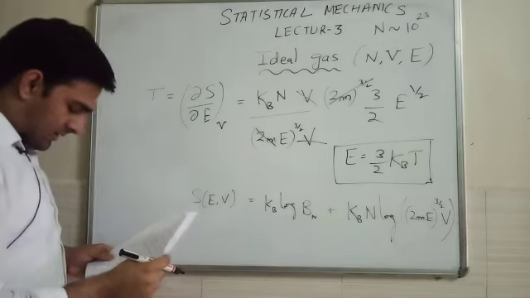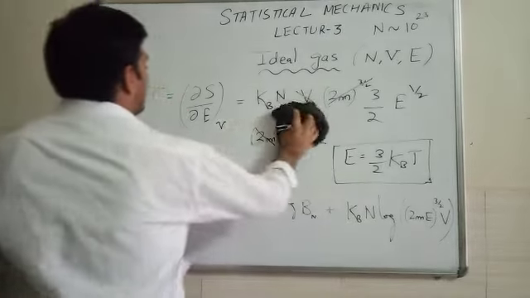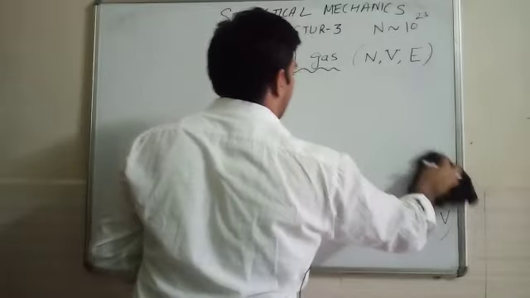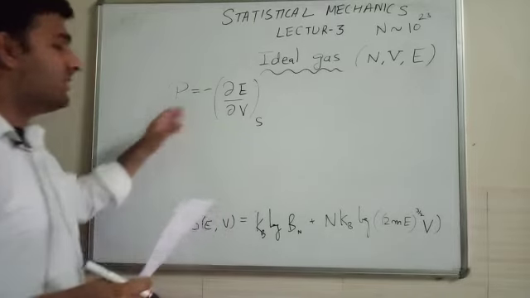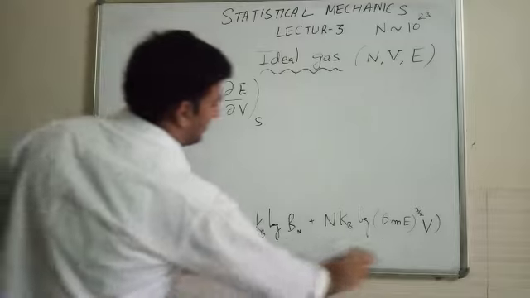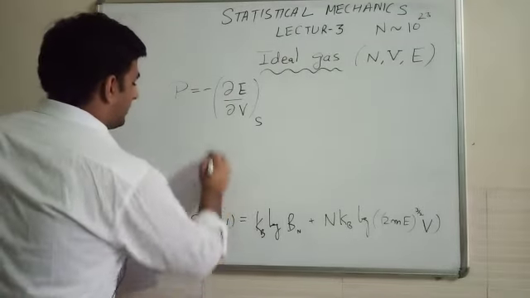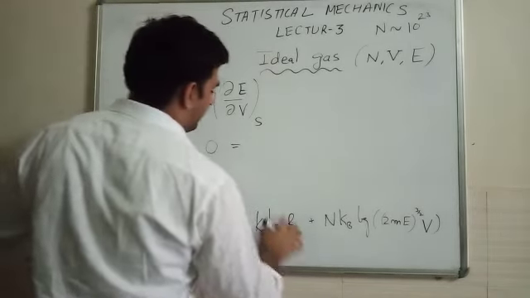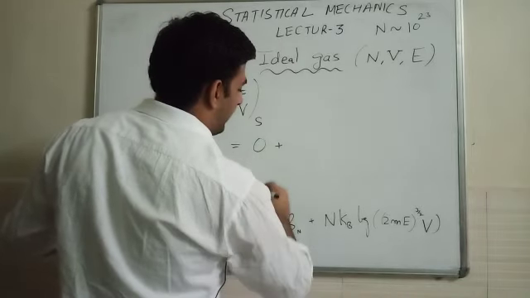Now, the last thermodynamic variable that we will calculate is pressure. So let's calculate the pressure by differentiating this equation with respect to V, holding the entropy constant. That gives 0, because the entropy is constant, and the next term is just a constant, so again 0.